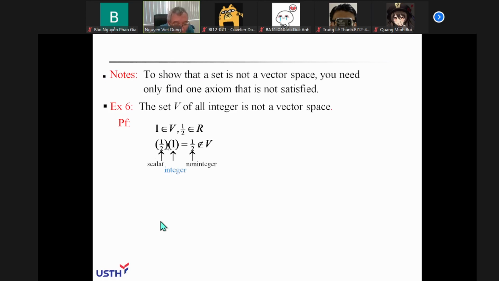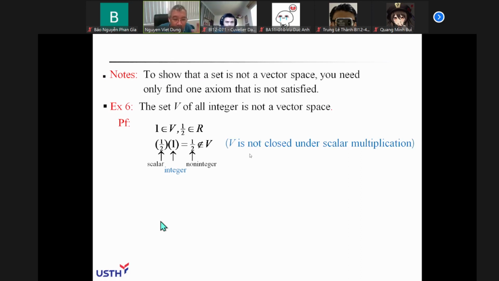When we multiply them together, you get 1/2, which is no longer an integer. So you see, property number 6 is broken. It means that the set of all integers is not a vector space. In that case, I say V is not closed under scalar multiplication.